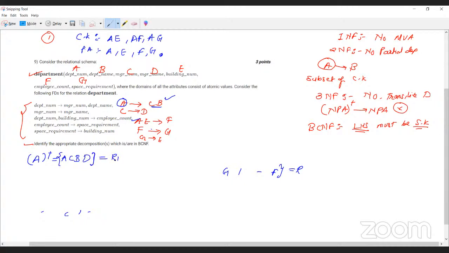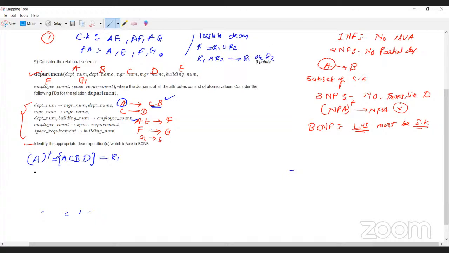Now our decomposition must be lossless, so what are the conditions for lossless decomposition? R equals R1 union R2, and R1 intersection R2 should give me R1 or R2.